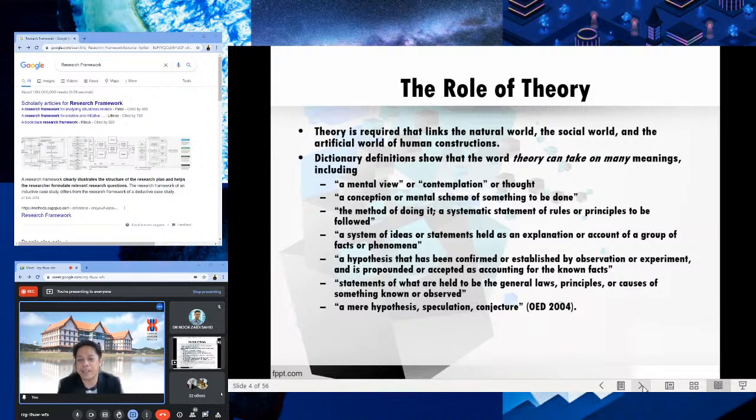And some theories are still at the hypothesis level, and we have to conduct research, observation, and experiments in order to come up with the theories. Before we get all the results, we have to do a lot of experiments and observation. Some theories are also statements held to be general laws, principles, or causes of something known or observed.